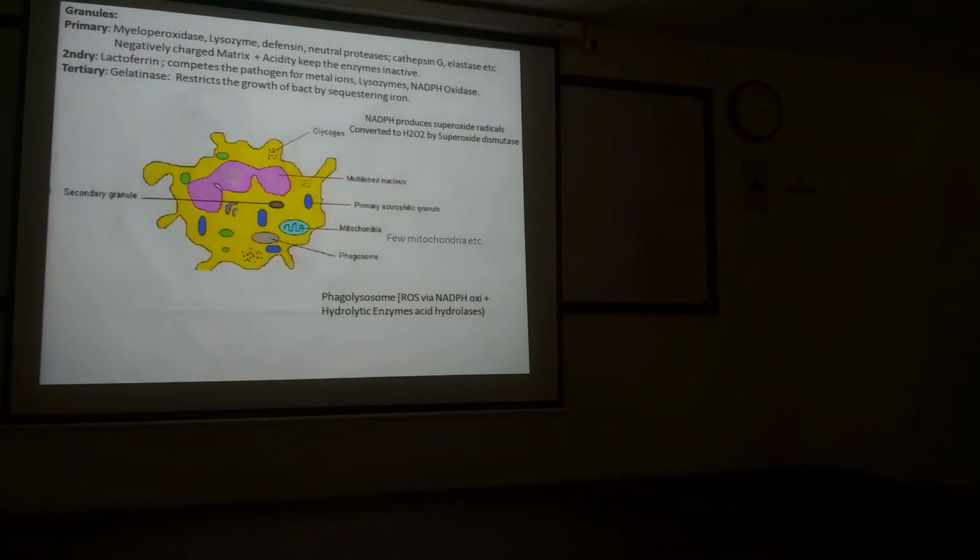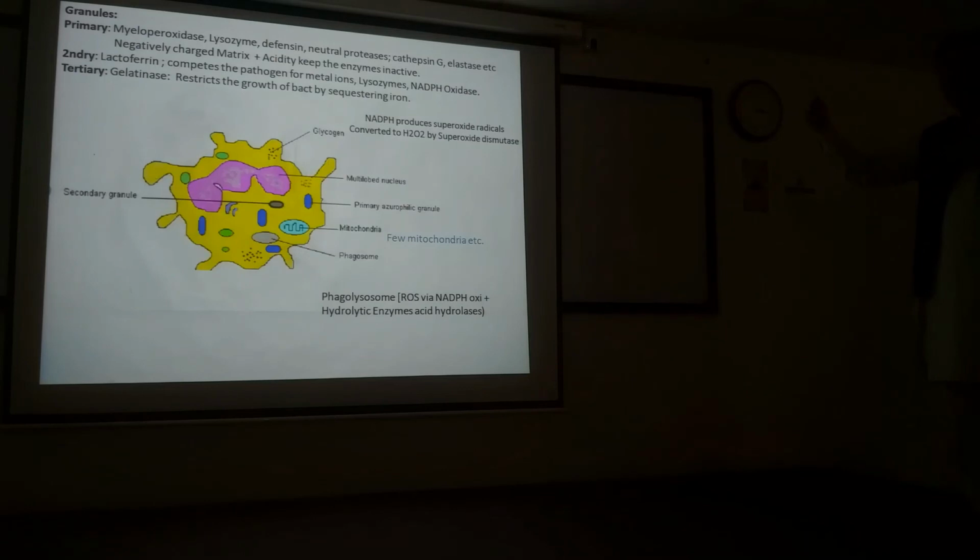Okay, so when all these actions of the primary granules and the secondary granules are taking place, the pH inside this granule is going to turn basic. It would rise up to 8, or more than 8.